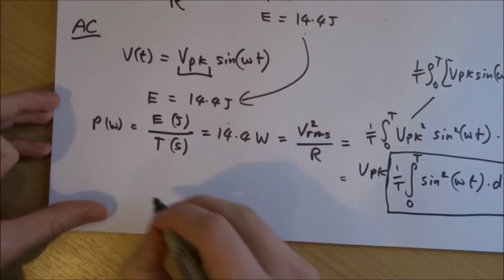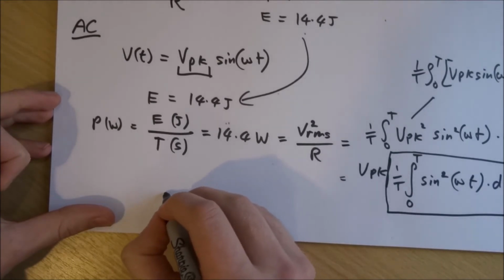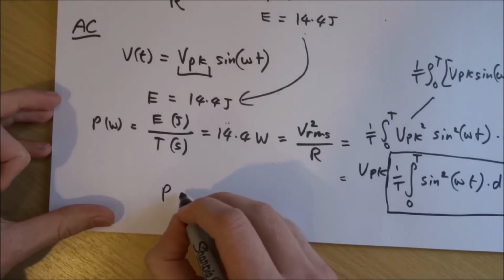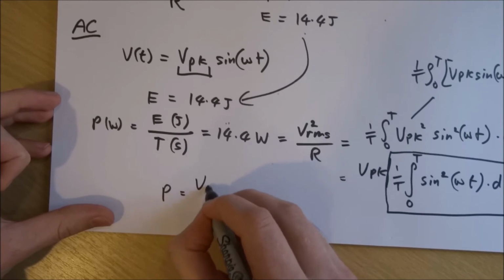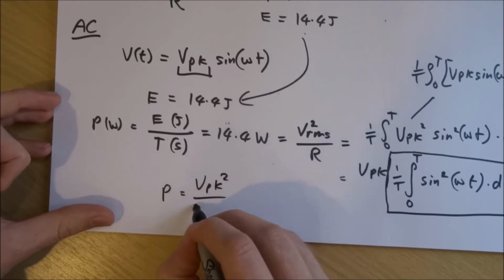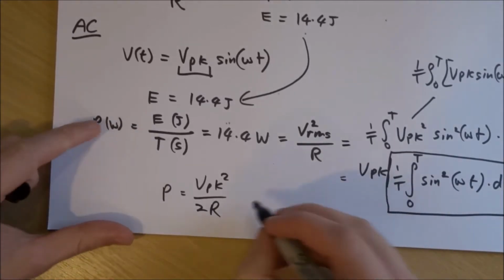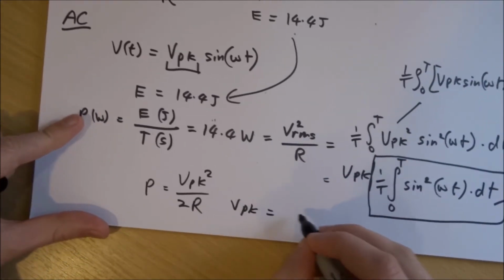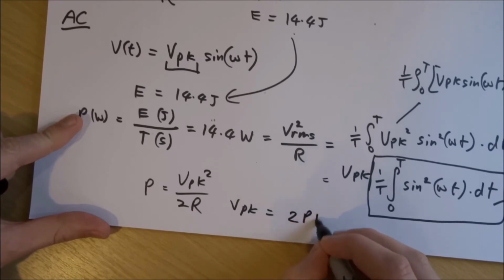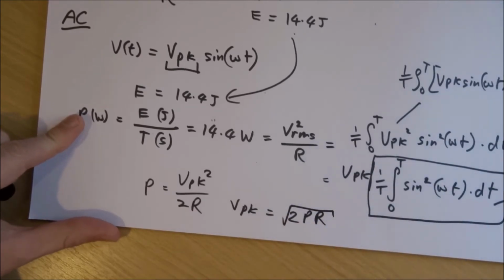So now my final equation is that my power is equal to V peak squared over 2R. And then I can simply work out my V peak. V peak is equal to the square root of 2 times P times R.